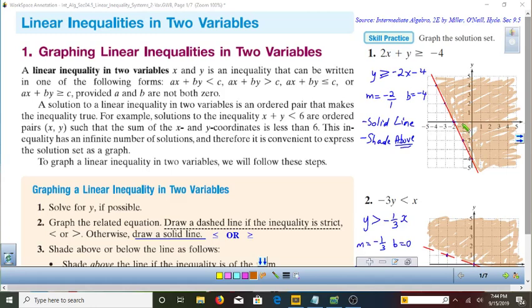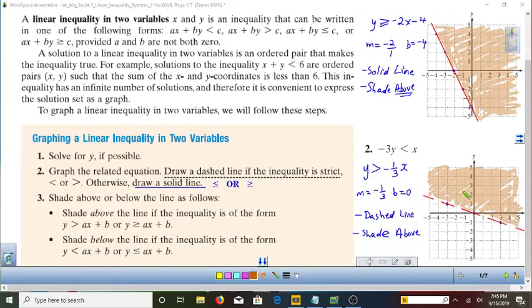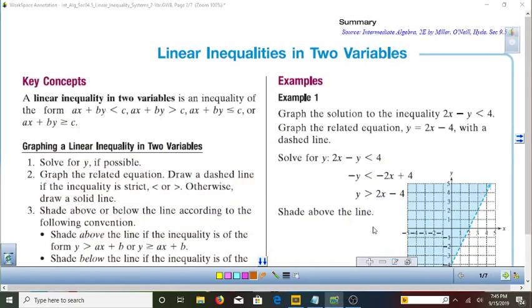Let's try this one here, negative 1, 0. I plug in 0 for y and negative 1 for x. I get negative 2 plus 0. That's still a greater number than negative 4 because negative 2 is to the right of negative 4. And you can see a similar result in the second inequality.